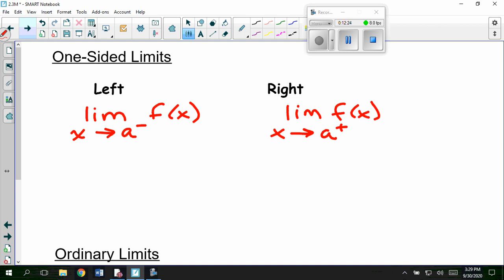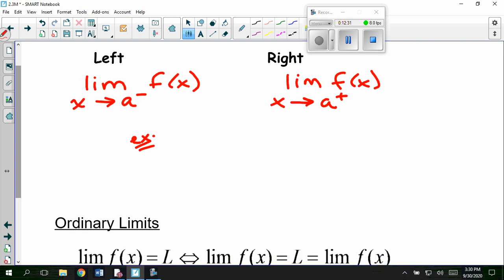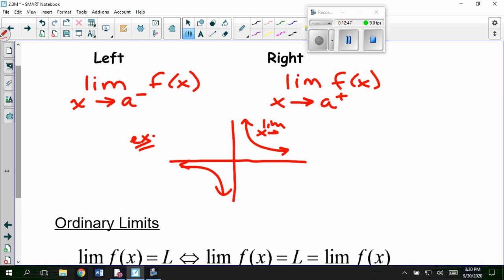And just to tie in an example from pre-calculus on doing these one-sided limits, we did some function work there with those nice rational functions that gave us some branches. In pre-calc, we talked about those branches, where sometimes we had a limit up here as x approached 0 from the positive side, and we would say that goes to infinity.